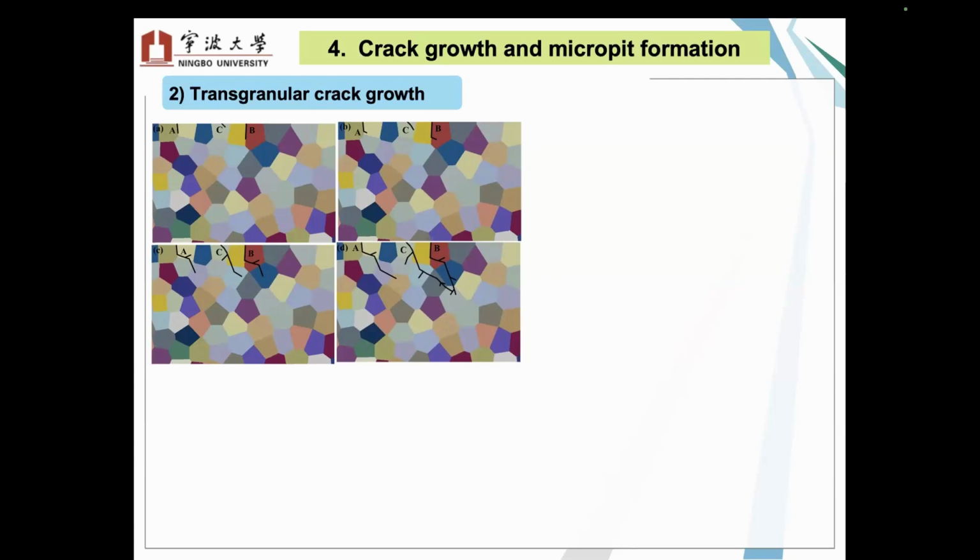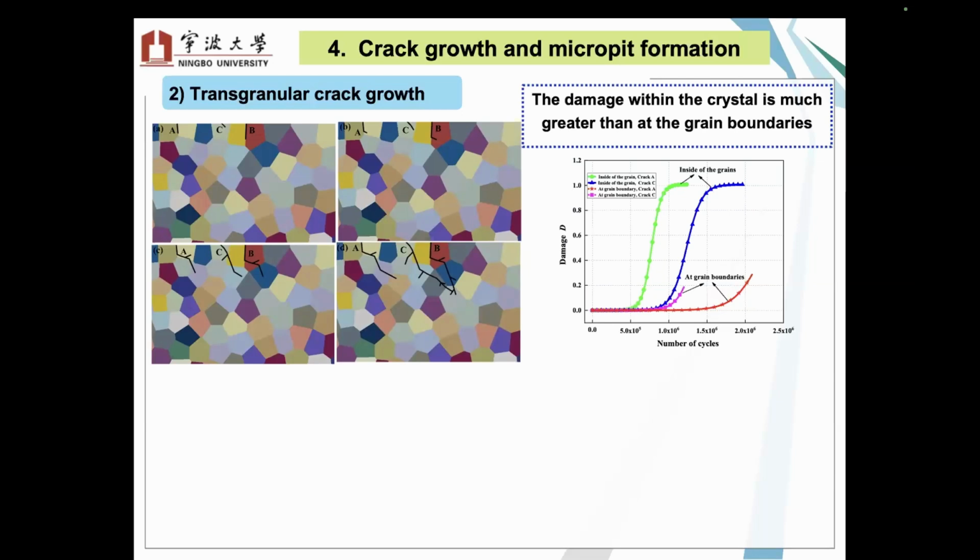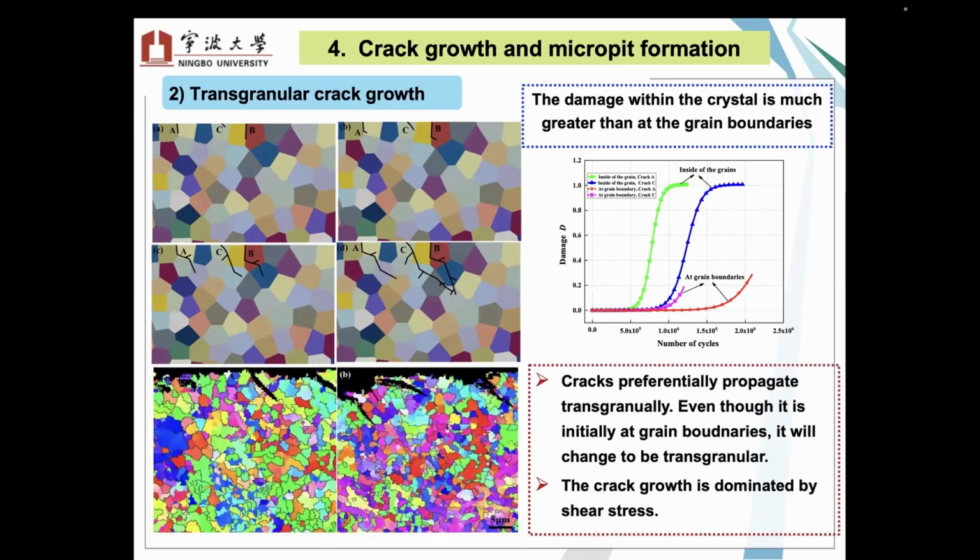We also found that those cracks grow transgranularly, even if we initially put cracks along the grain boundary, like these A and B. We wanted to know how cracks initially at the grain boundary propagate. The result is quite interesting: the damage within a crystal is much greater than at the grain boundaries, which means those cracks will grow because damage accumulates more quickly than at the grain boundaries.